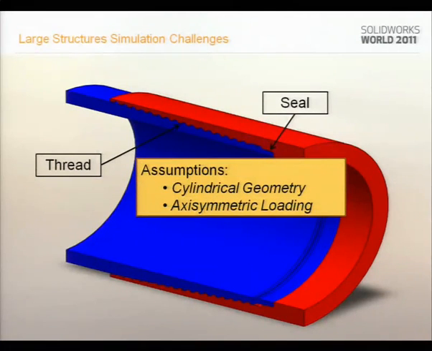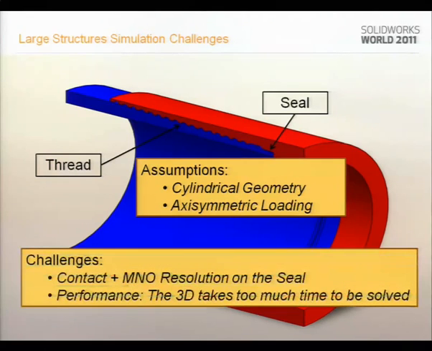In this case, the assumptions in order to use the axisymmetric option are cylindrical geometry and axisymmetric loading. The challenges here are contact plus material nonlinear. I have contact in the nose between the pin and the box, and performance.